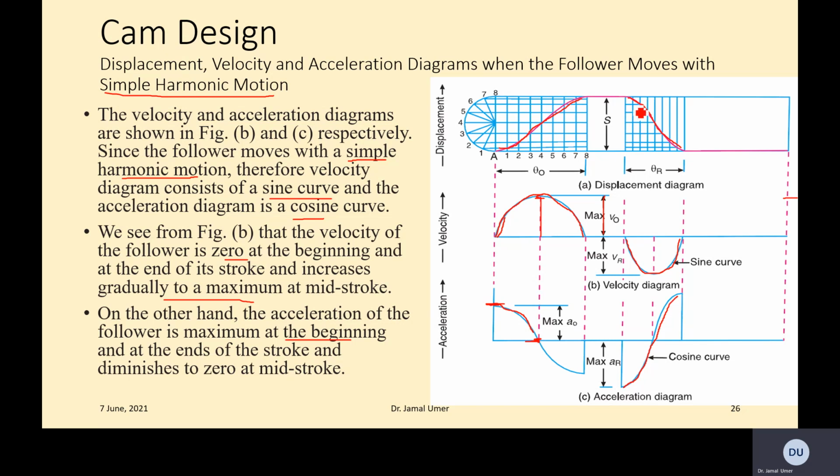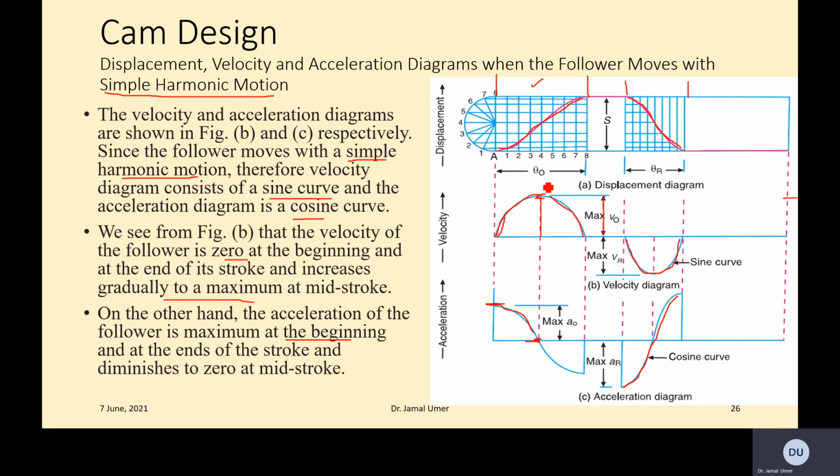Because it is quickly returning back, you see this distance from here to here is larger than this distance, right? So what does it mean? This distance is more. If the cam moves with a constant angular speed, it takes more time to cover this distance, and this distance is done quickly.